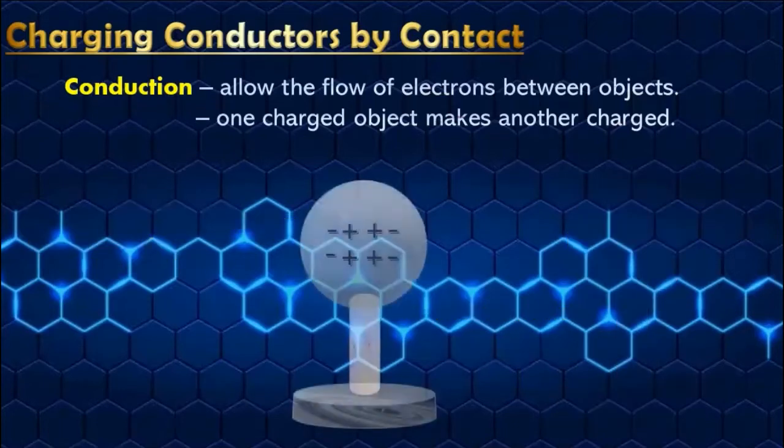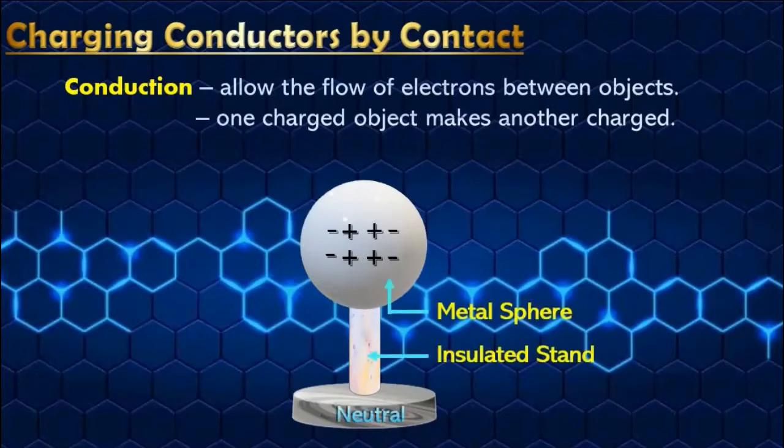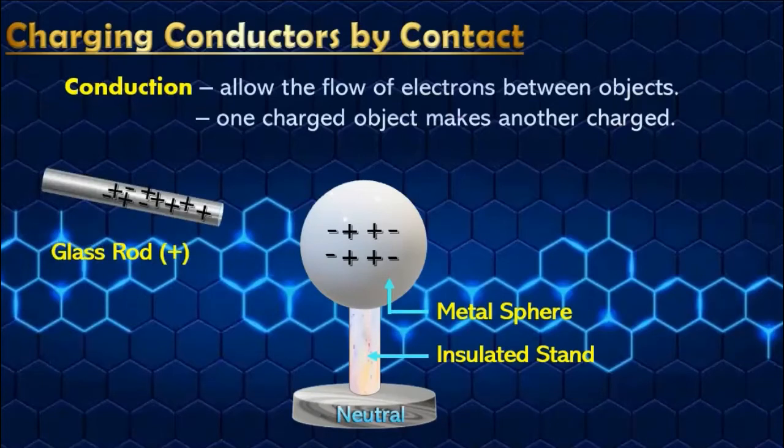We have here another example. Still, we have a neutral metal sphere with an insulated stand. And this time, we have a glass rod as our second object having a positive charge. Now, when this positively charged rod touches our neutral metal sphere, since the glass rod has a large number of protons, it attracts the electrons in the metal sphere.